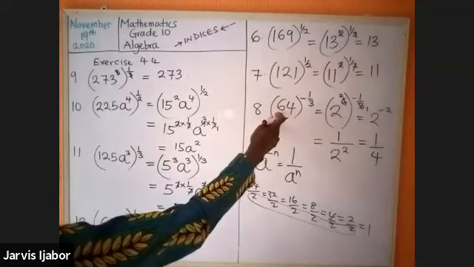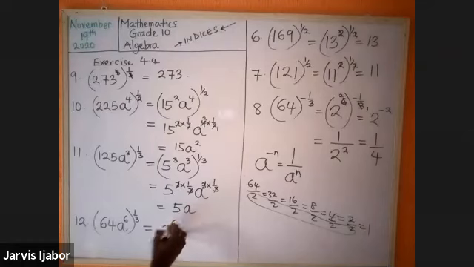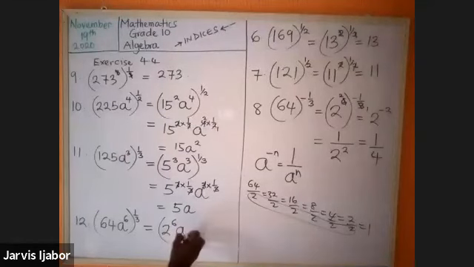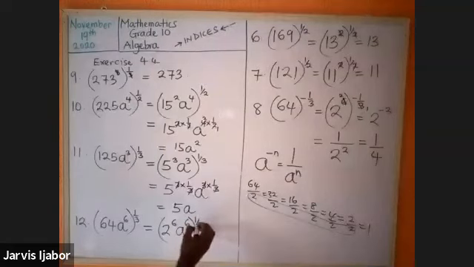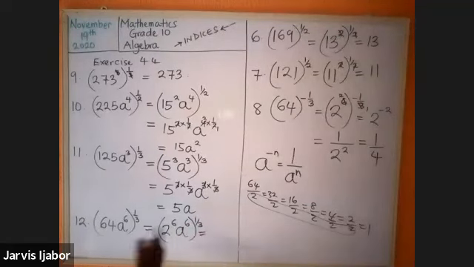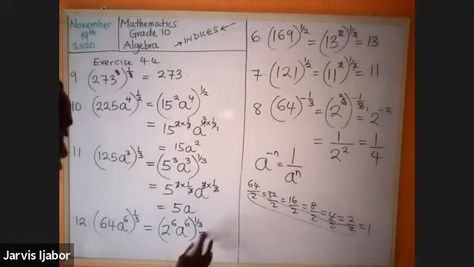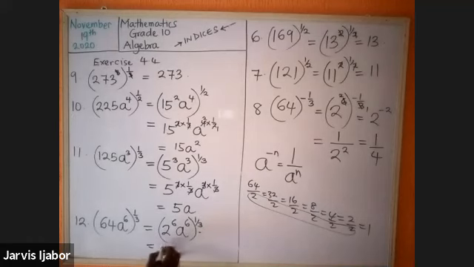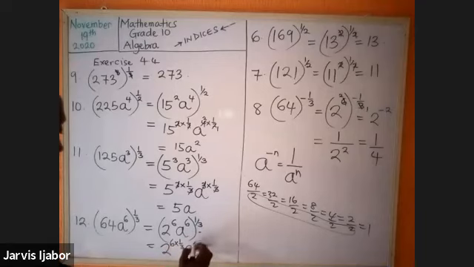We've done something like that here before. A raised to the power of 6 raised to the power of 1 over 3. Next thing you do is to treat them individually. So this would be what? We should come down here. 2 raised to the power of 6 times 1 over 3. A raised to the power of 6 times 1 over 3.